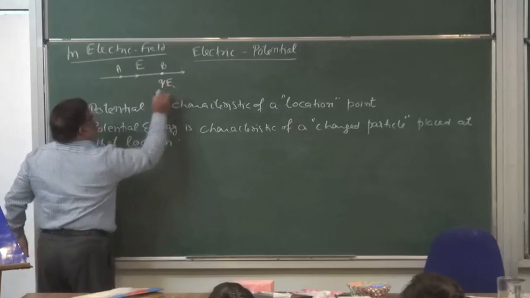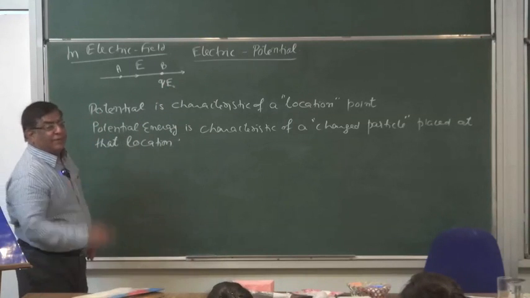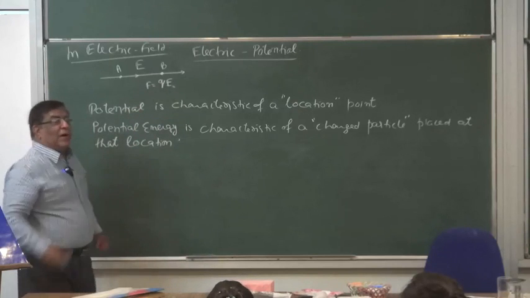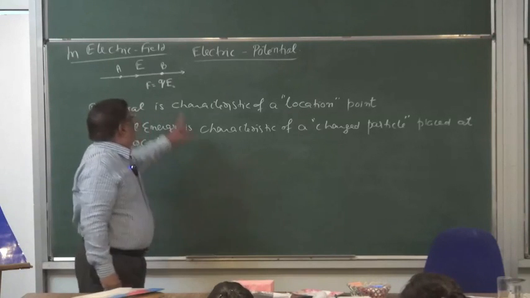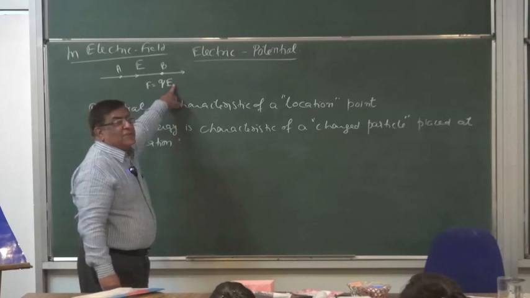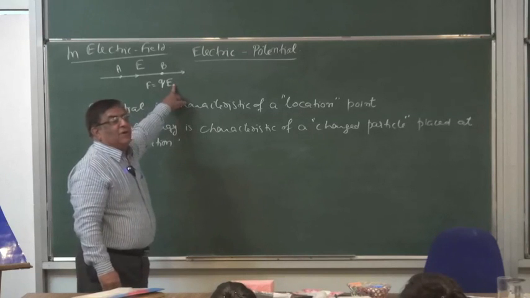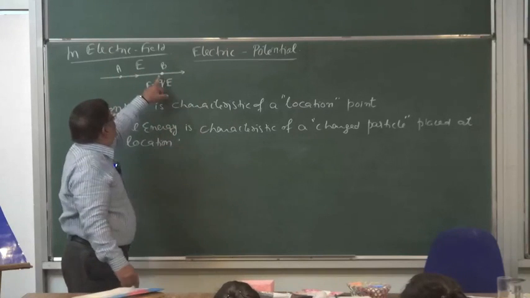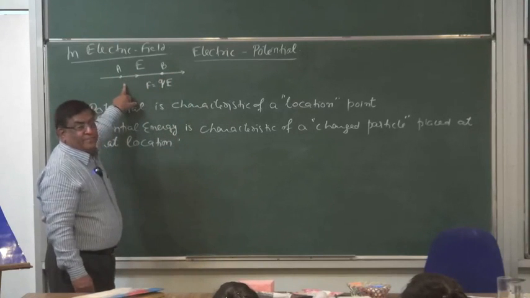How much is that force? Q into E. That is the force it is experiencing. So I have to apply a force. Because of this force, what is its direction of motion? Along the E. I want to bring it from B to A.